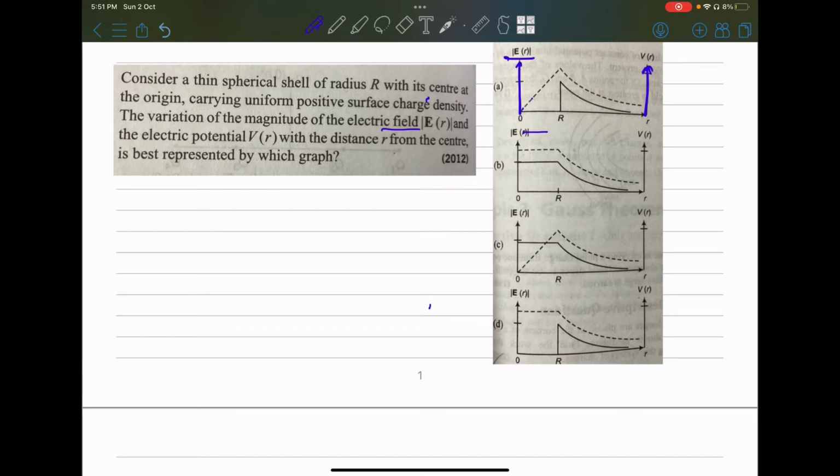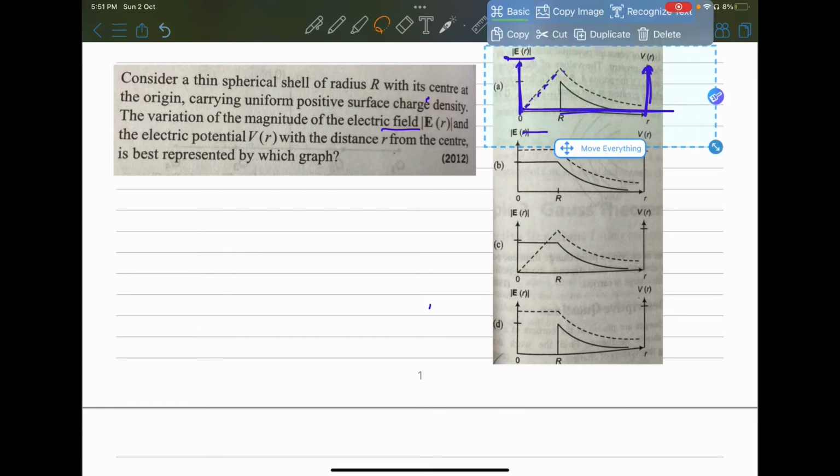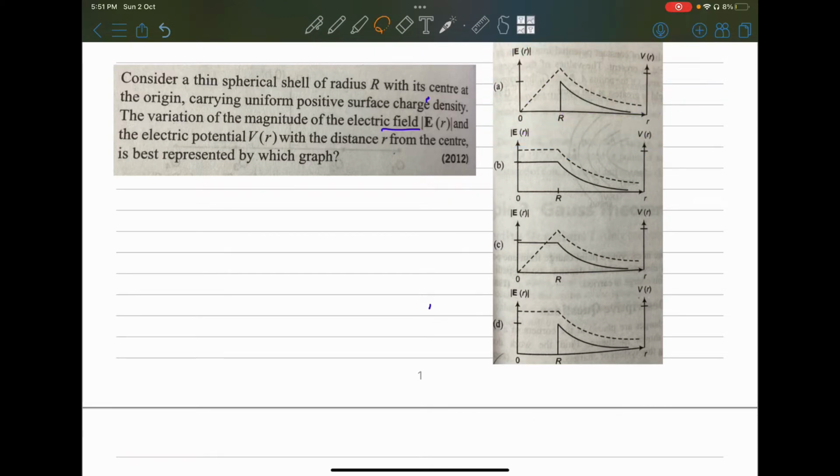So the solid lines correspond to electric field and the dotted lines correspond to electric potential, and on the x-axis the distance from the center is given, since it is a spherical shape. And how for a thin spherical shell the electric field and electrostatic potential vary, that we have to find out.